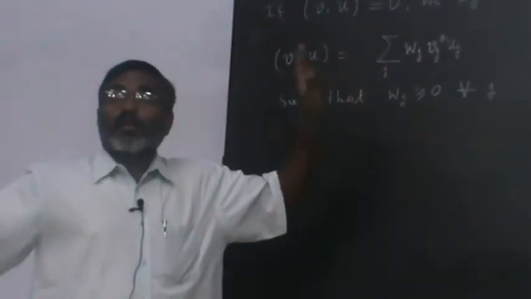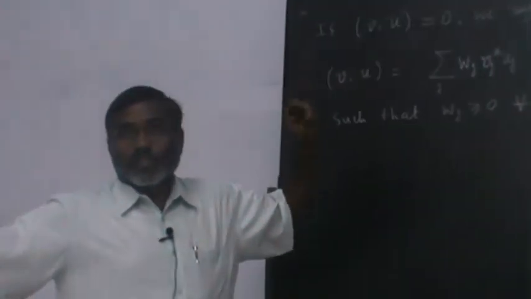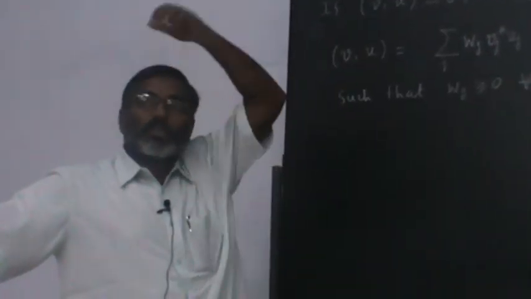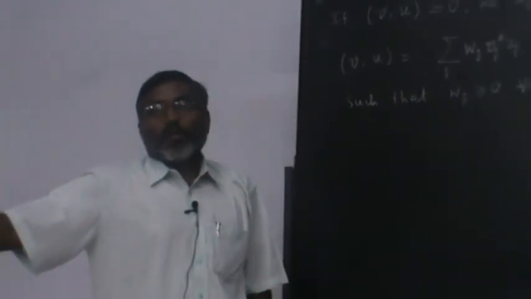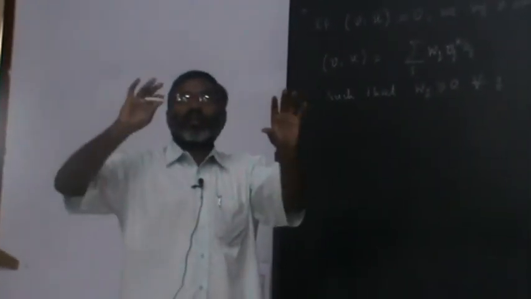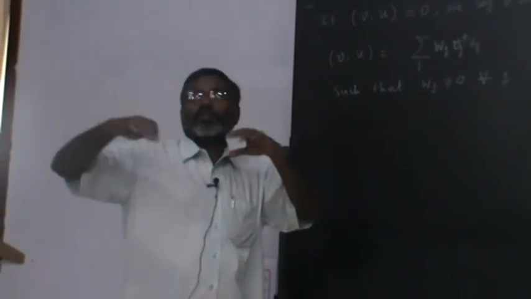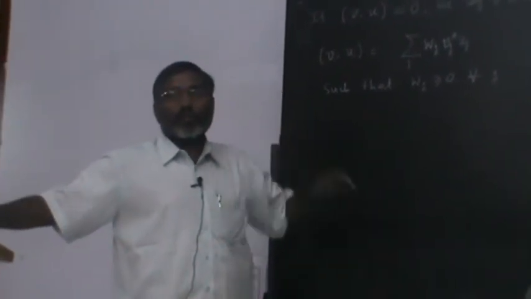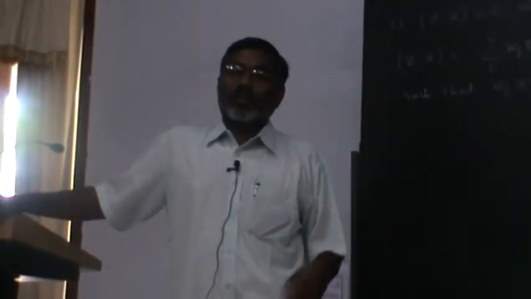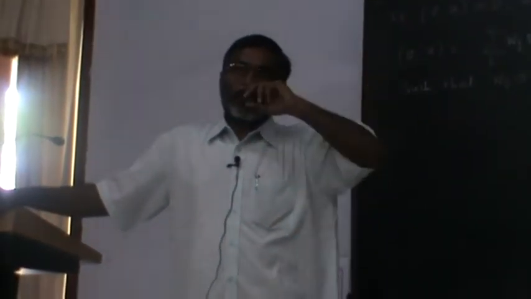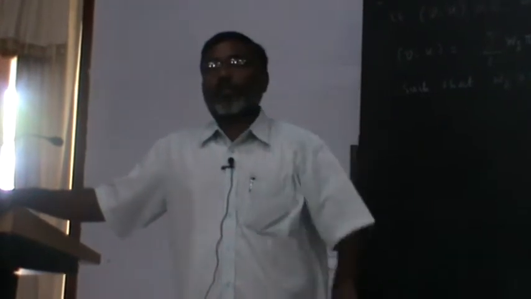This is one very general construction, which satisfies the inner product of V with V being greater than or equal to 0. It induces a norm. But you can have any function from V cross V tilde to complex numbers satisfying those axioms as an inner product. So we cannot say that this exhausts all the possibilities. You may have some other possibility also.